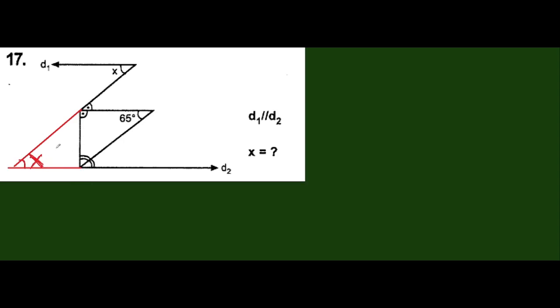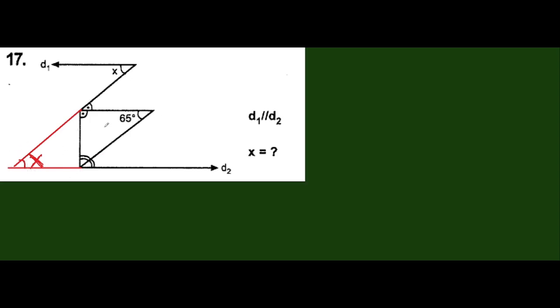This angle will not be x, because we don't know that this line is parallel to D2 or not. So we cannot write this as x. But we can write this, this line also is not 65. It's not correct because, again, we don't know these lines are parallel or not.